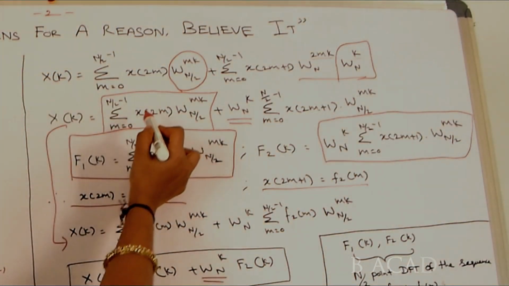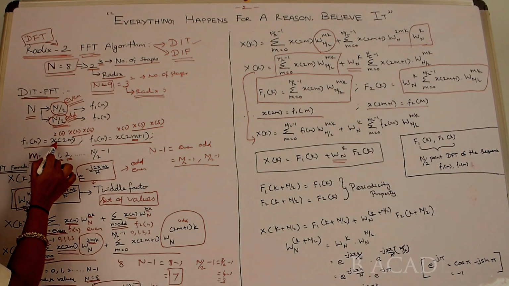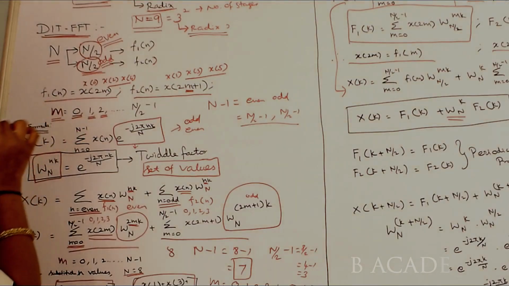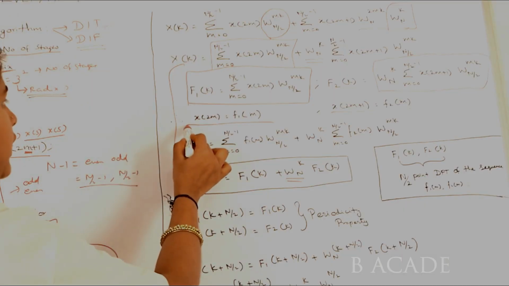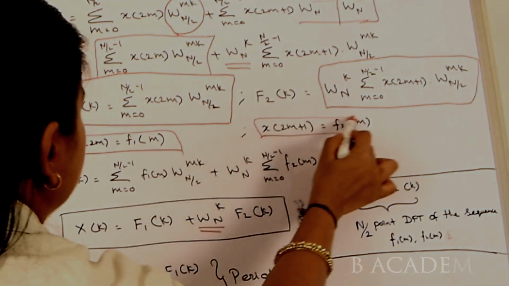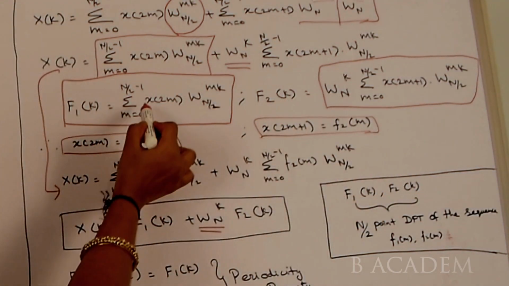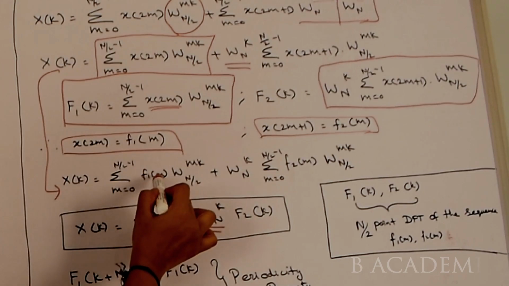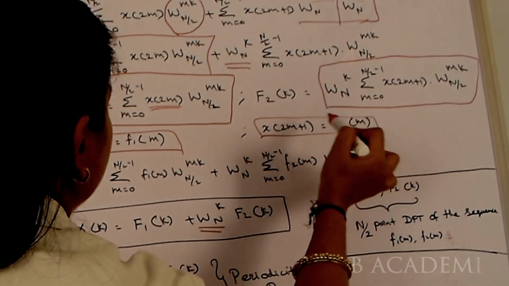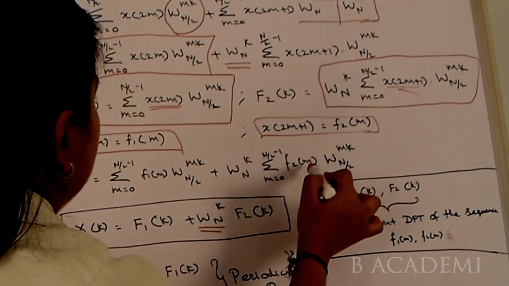And already we know the value of x of 2m is f1 of m. That is what I have written here. So when you substitute this f1 of m and for this one you will get f2 of m.